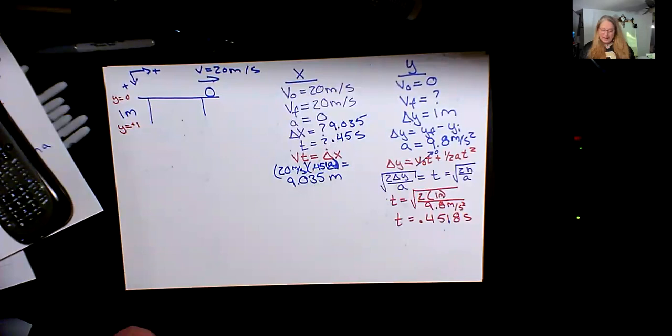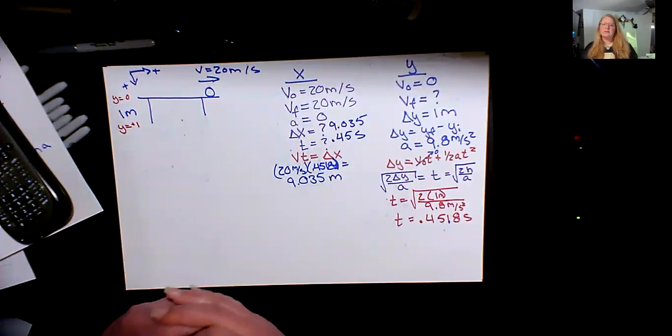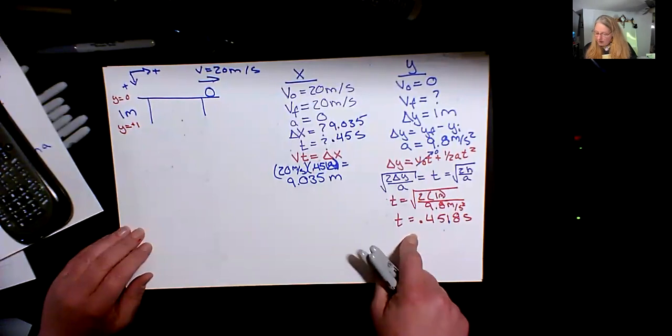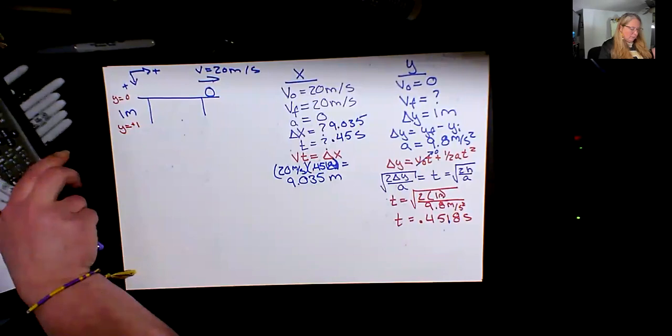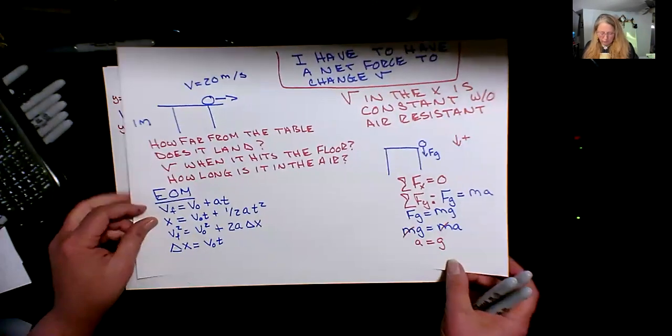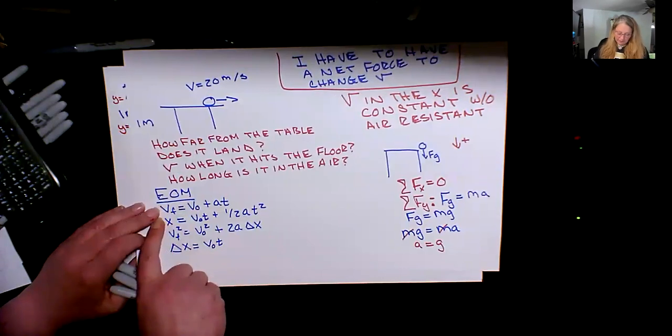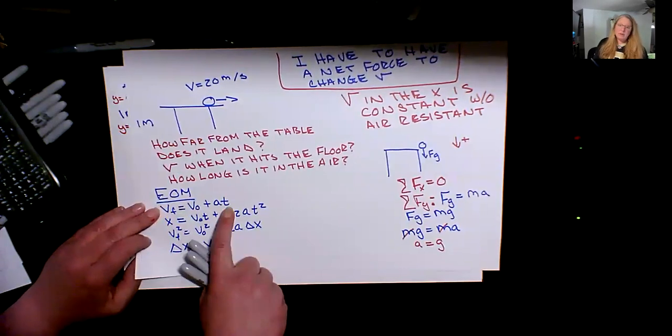The other one is, how fast is it going when it hits? It asks for its final velocity. So I look at this, I'm like, okay, so I know its acceleration, I know its time. So when it asks for its final velocity, I can plug in these values.